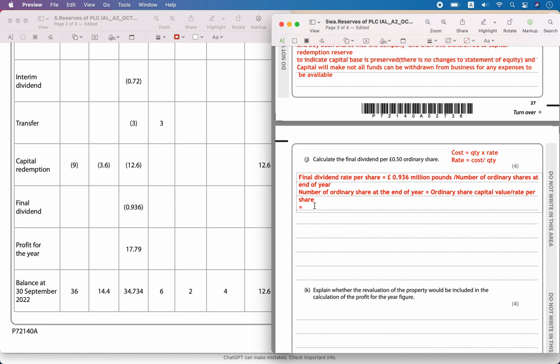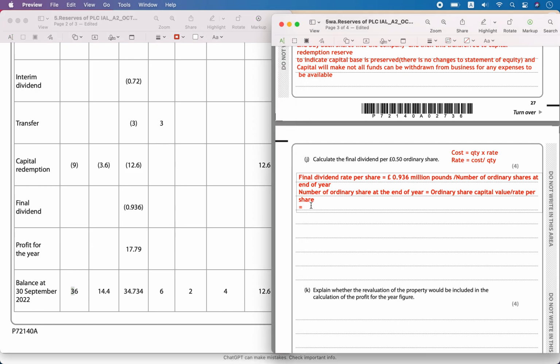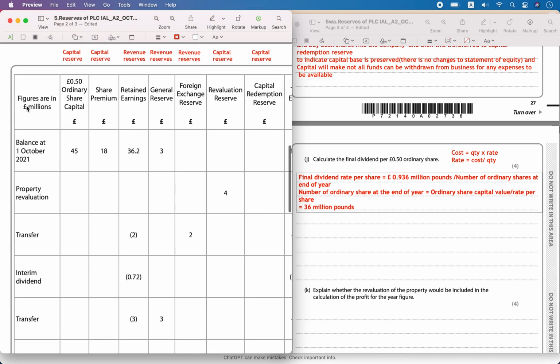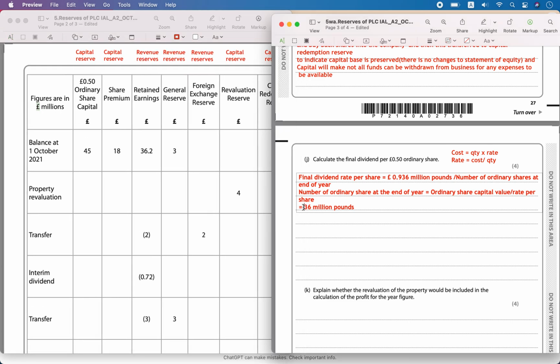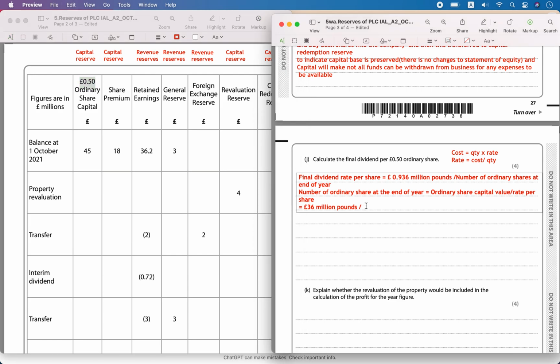We see that ordinary share capital is 36 million pounds, the worth of the shares, divided by the rate per share, which is given and remains the same, 0.5 pounds per share.